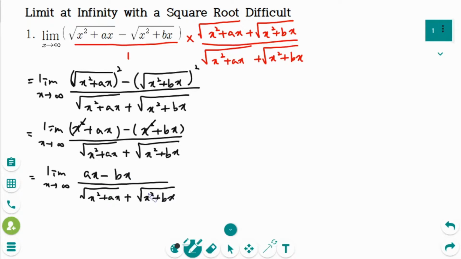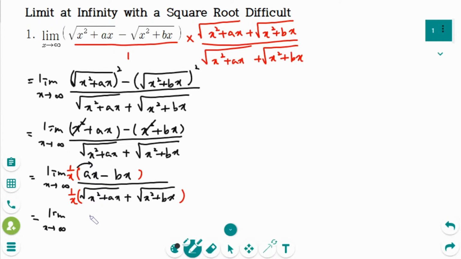Now we have the infinity over infinity form, so we need the highest power of x in the denominator. That is x. So let's divide, times 1 over x here and here. And then expand.